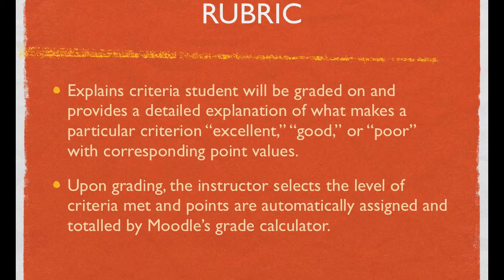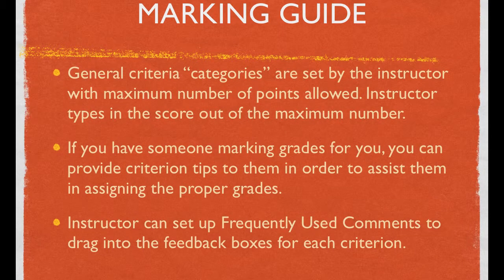You may only have a total of maybe 25 points in a small rubric, and you might be offering 50 points or 75 points for the assignment. Moodle will take the values of the rubric that they've completed and then total it with their grade calculator to fit the number of points in terms of percentage that you allowed for.